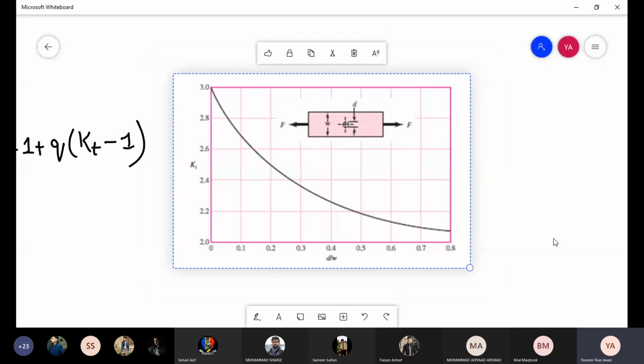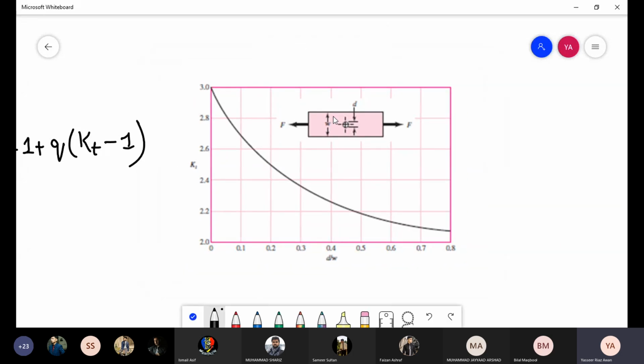So this is the loading that is given to us in our problem. So for this, the values for d and w are 12 and the width is 60.